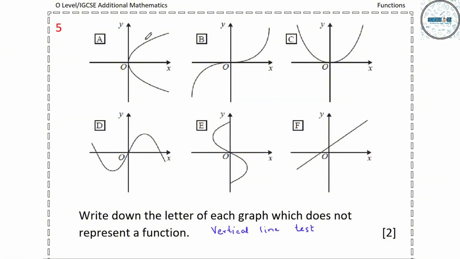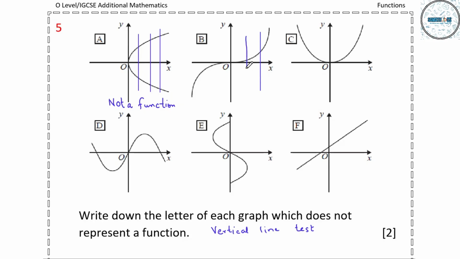So when we draw vertical lines here, the vertical lines are intersecting at 2 points. So it is not a function because it is one-to-many mapping.